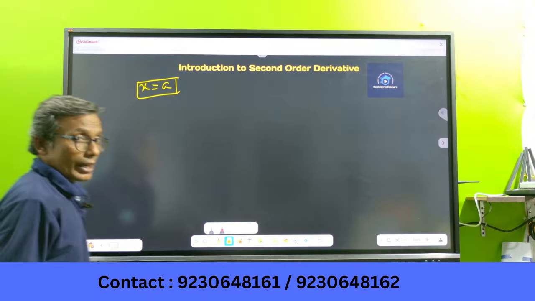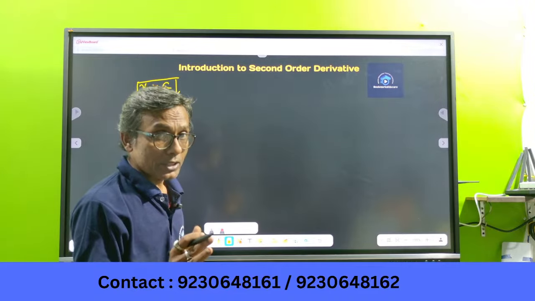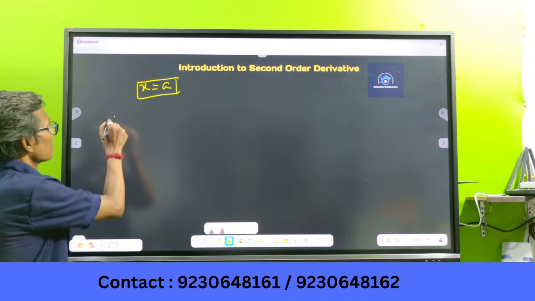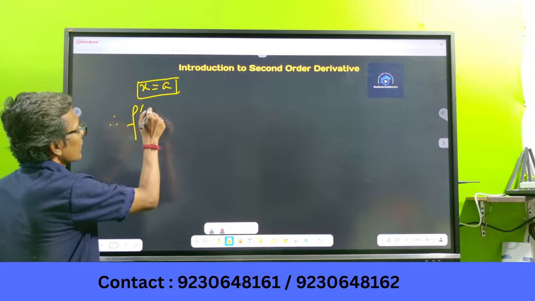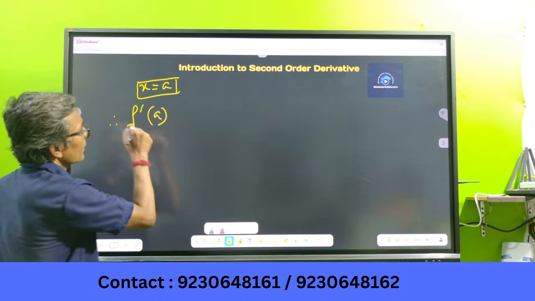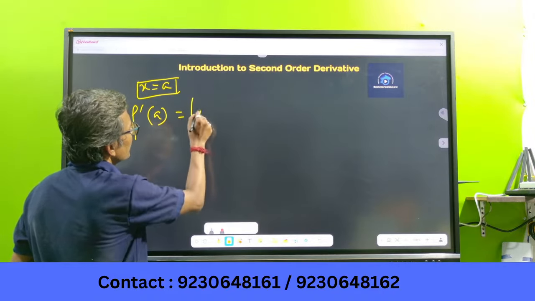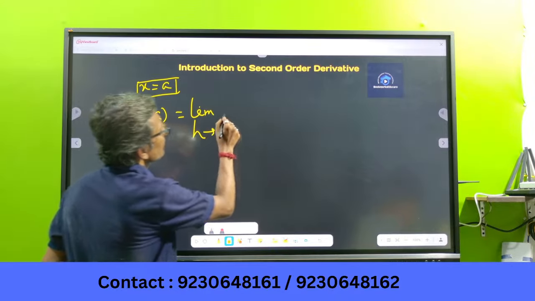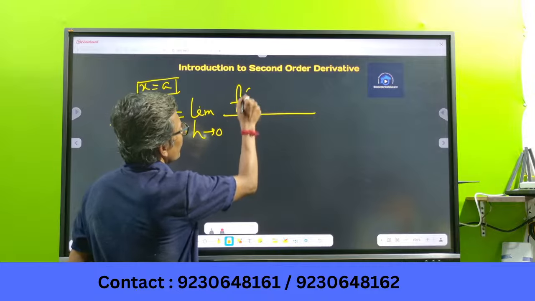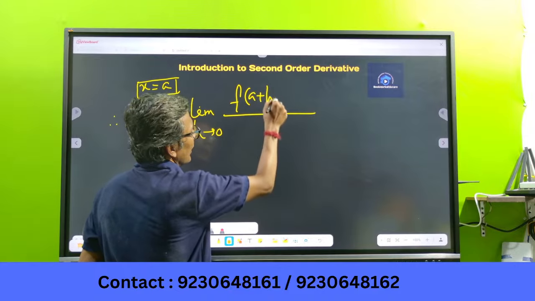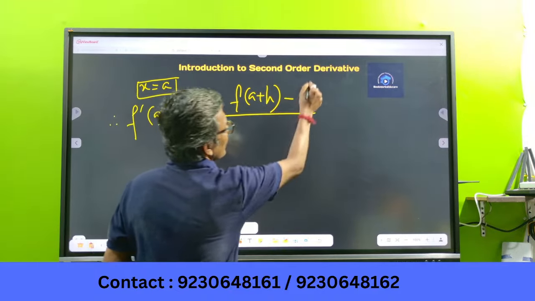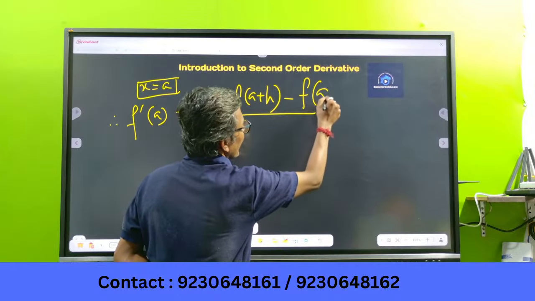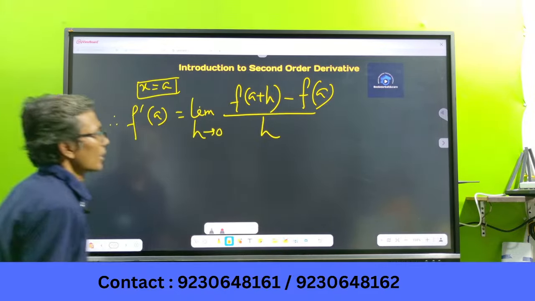So I have to write the first principle of derivative: f dash A is equal to limit h tends to 0, f of A plus h minus f of A by h.